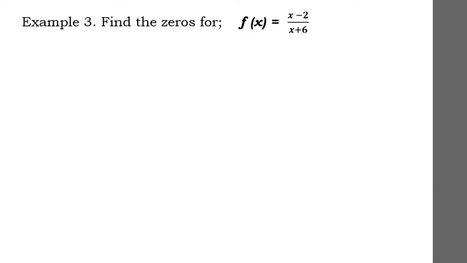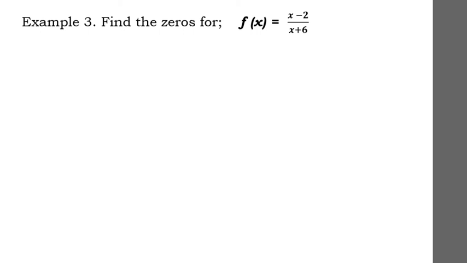But first you're going to look if there are factorables for both the numerator and denominator. But since in the given function, both the numerator and denominator are prime, so therefore we just jump to equating the numerator to 0.